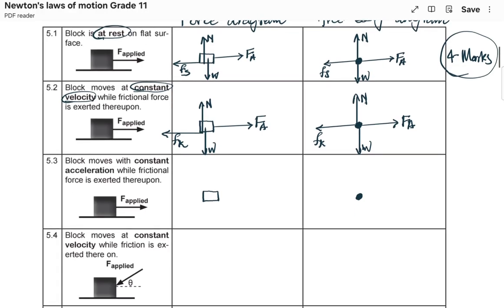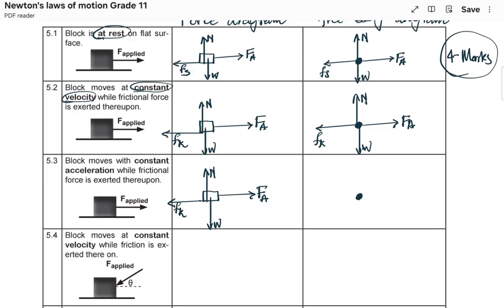So then the object moves at constant velocity while friction force is present. So we know I'm having the normal, then I'll be having the weight. Then I'm having the force applied. There is a friction going this side, which is the kinetic frictional force.